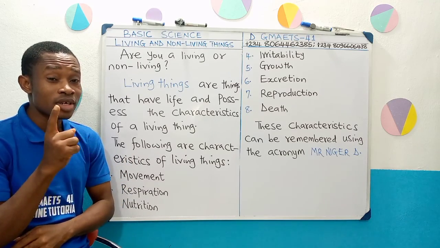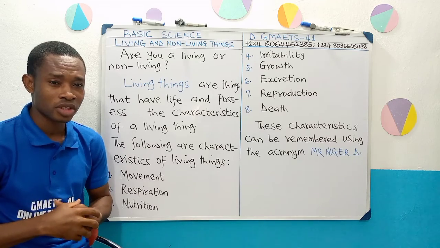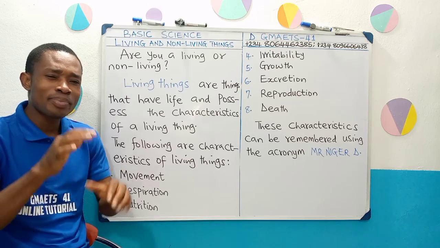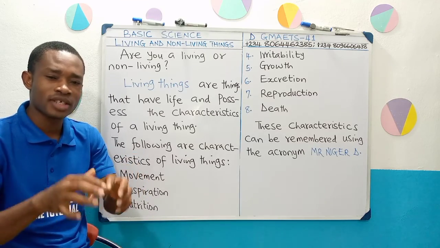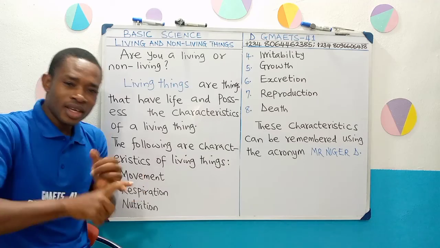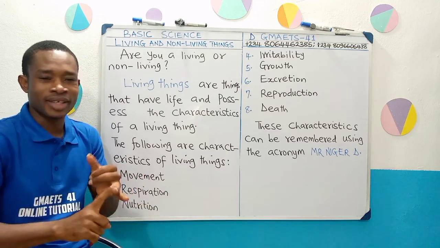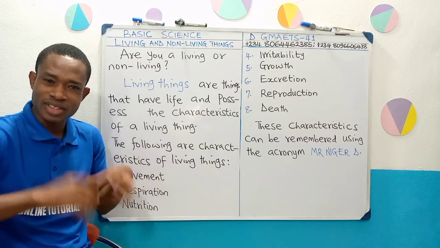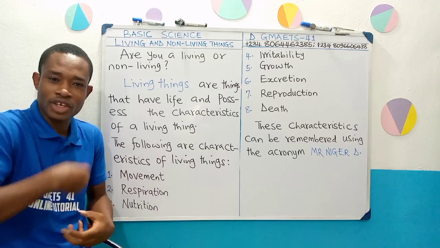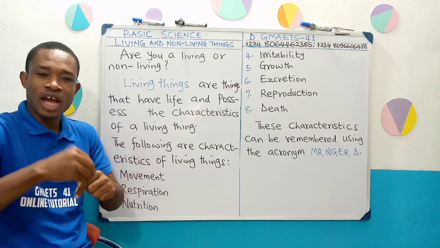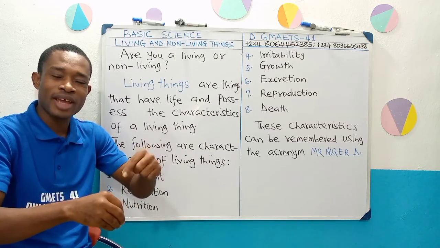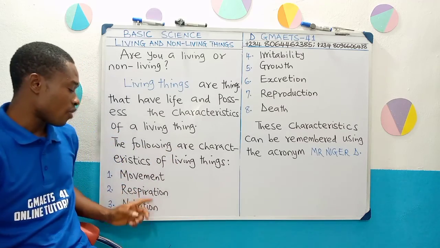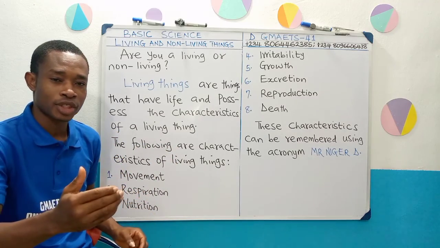But wait, there is a special meaning of respiration. We define it as the breaking down of food particles in the presence of oxygen or in the absence of oxygen. When you eat your food, those foods are being broken down in your system, inside you. If the breakdown of food particles takes place in the presence of oxygen, we call that type of respiration aerobic respiration.